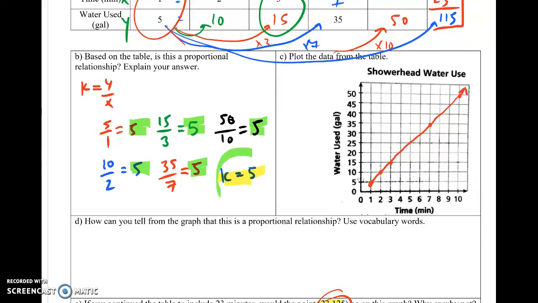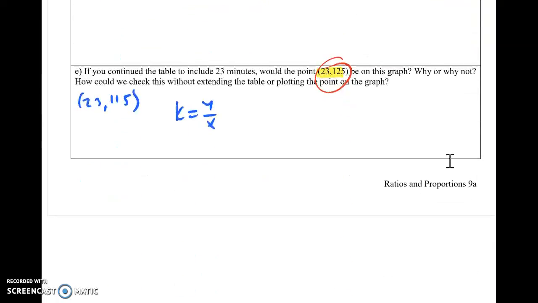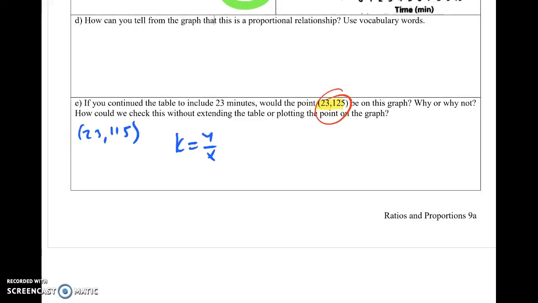And this is called our constant of proportionality. So the point that they give us is 23, 125. Here's our x, that's our y. So let's test it out. We have 125 over 23.